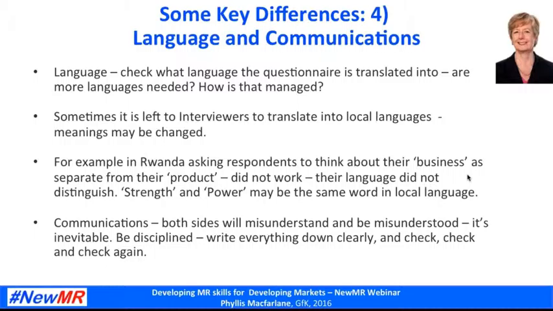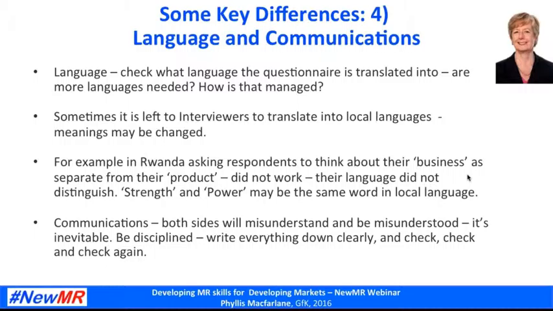So check what happens. Sometimes it's left to interviewers to translate into local languages, and meanings might be changed because some local languages don't have the flexibility of words that we have in English or European languages. So, for example, in Kenya, strength and power are actually the same word in one of the local languages.